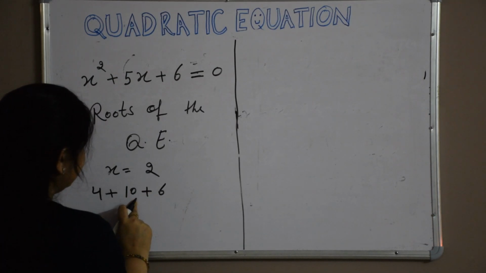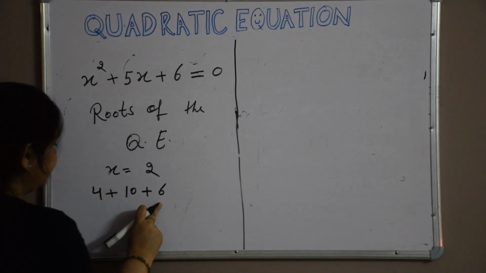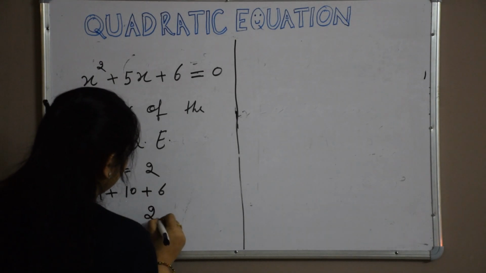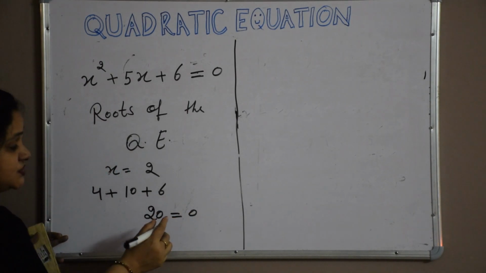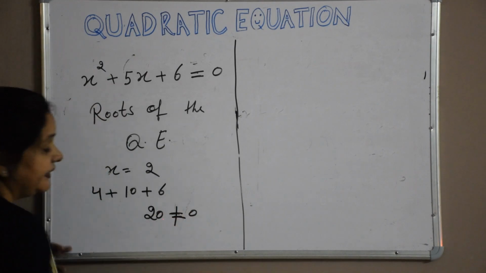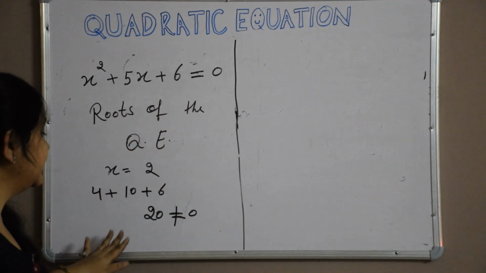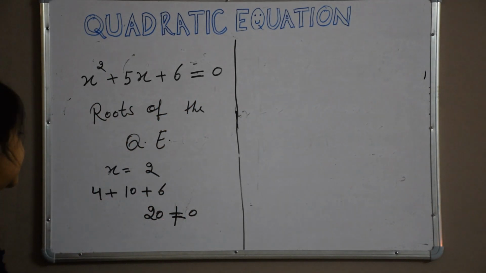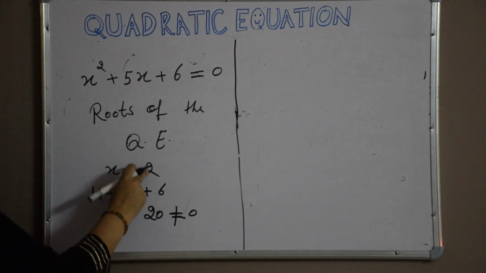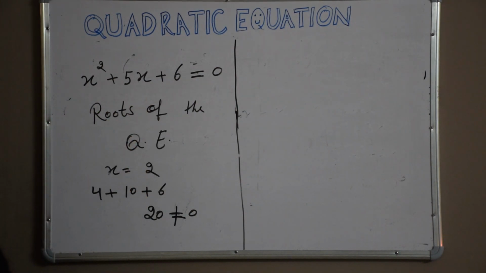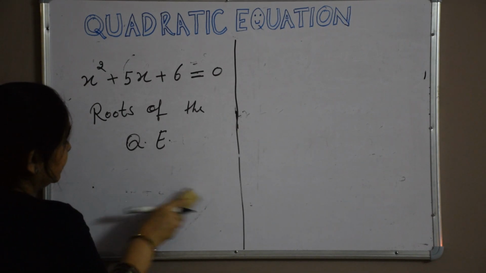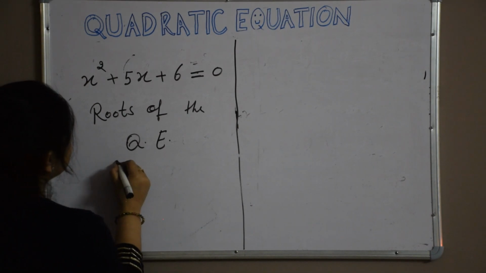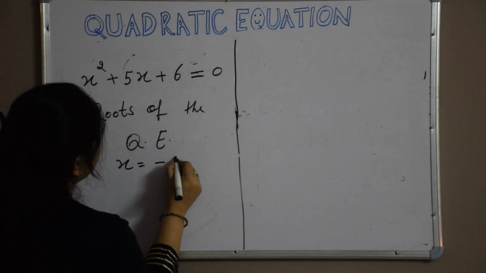We are getting 4 plus 10, 14, plus 6, 20. Is this 20 equal to 0? No. 20 is not equal to 0, means left hand side is not equal to right hand side. Therefore, x is equal to 2 is not a root of the equation. Now, we will take some other number. Suppose I am taking x is equal to minus 2.